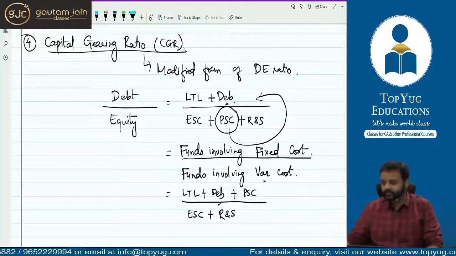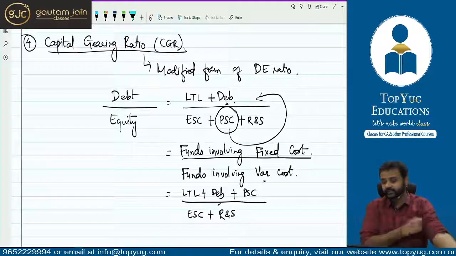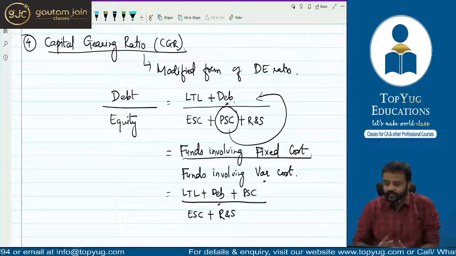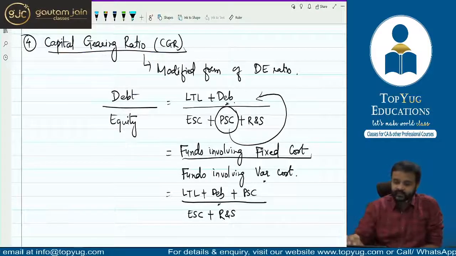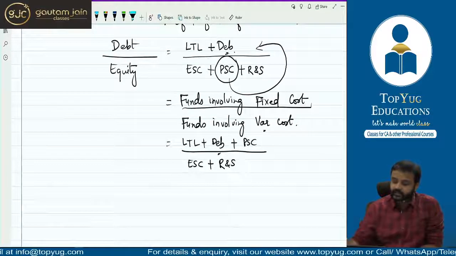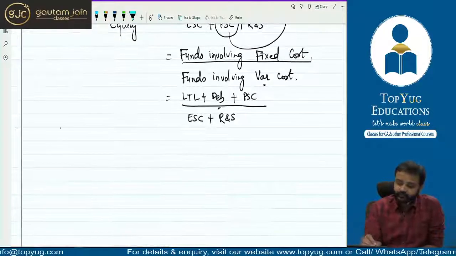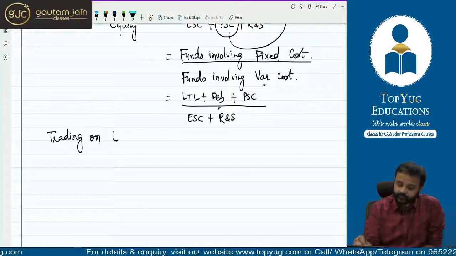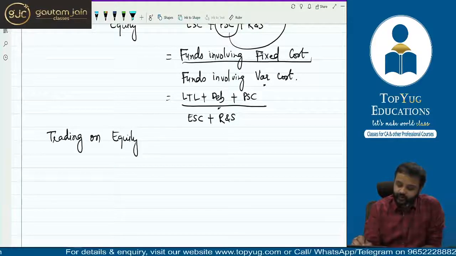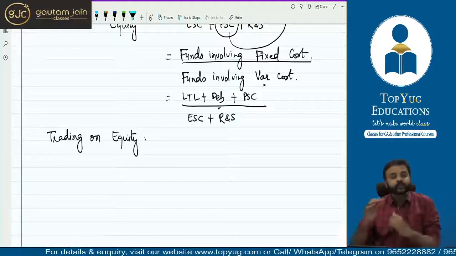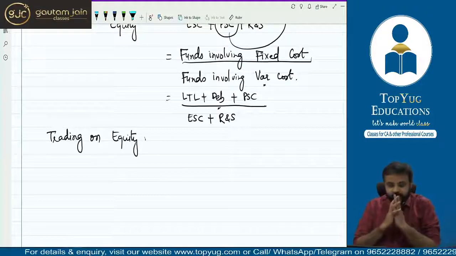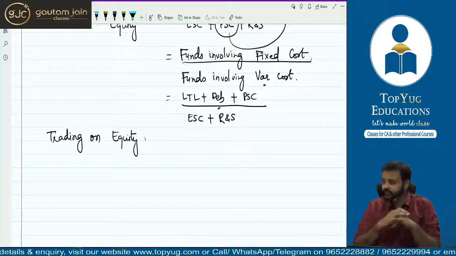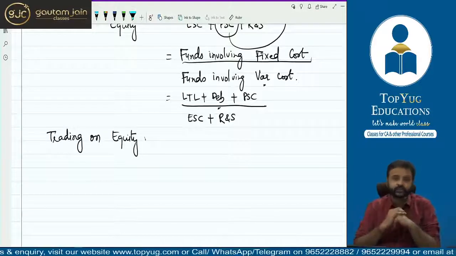So the question comes now, sir, why is it called gearing? Is there any reason behind this? Yes, I will discuss that, but let us discuss something called trading on equity. Trading on equity means use more and more debt funds, use more and more outsiders' funds.